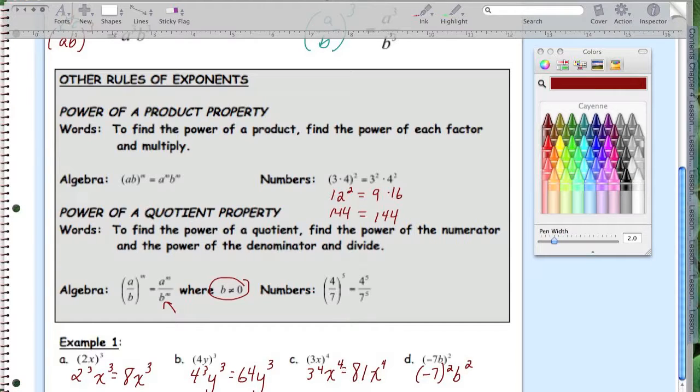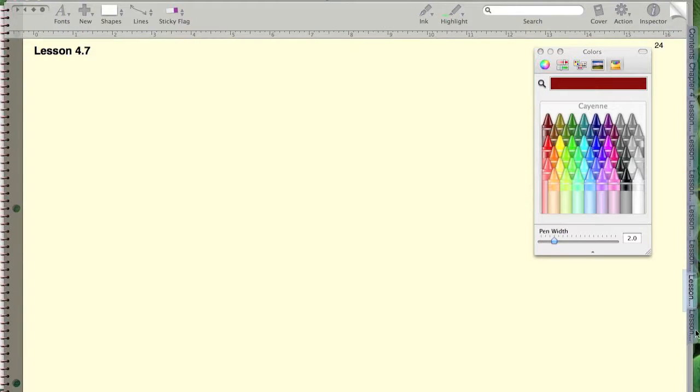And I put the negative 7 in parentheses because negative 7 times negative 7 is 49. So we get 49b squared. If you don't put the negative in parentheses, you're likely to forget about it, and then you're going to have the opposite signed answer, so you don't want that. So anytime you come to a negative, put it in parentheses when you're doing this. Alright, let's try the next page.